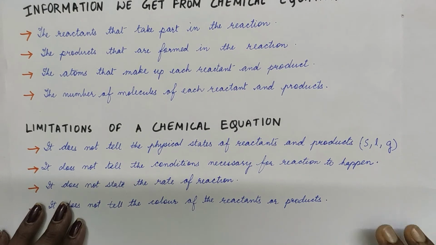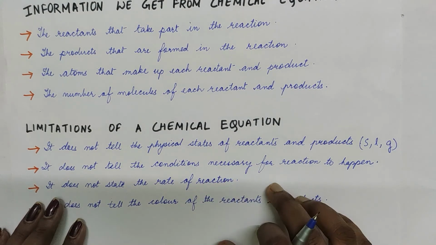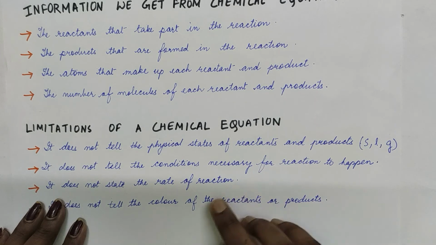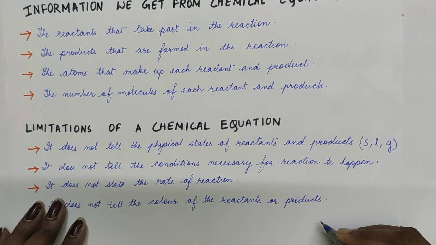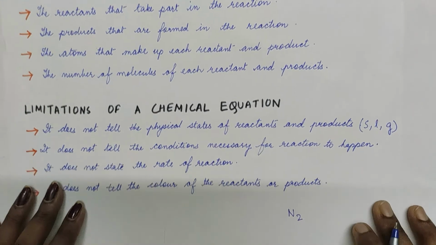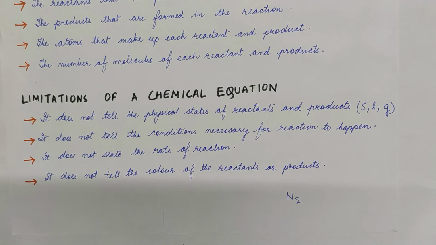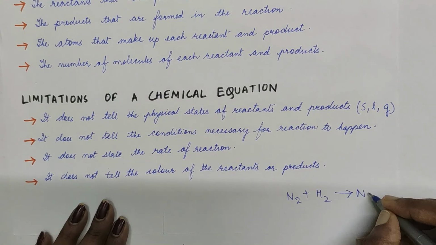It also does not tell the condition for the reaction. So we can mention the condition over the arrow when we are writing a reaction. Suppose I am writing that nitrogen reacts with hydrogen to form ammonia.